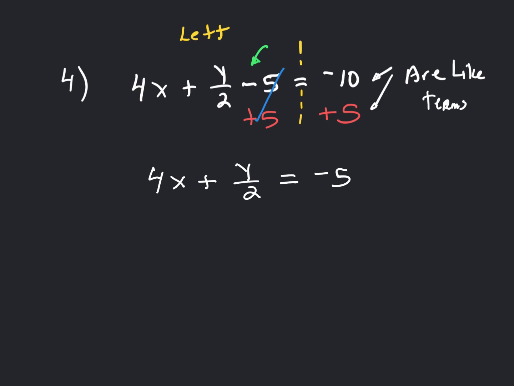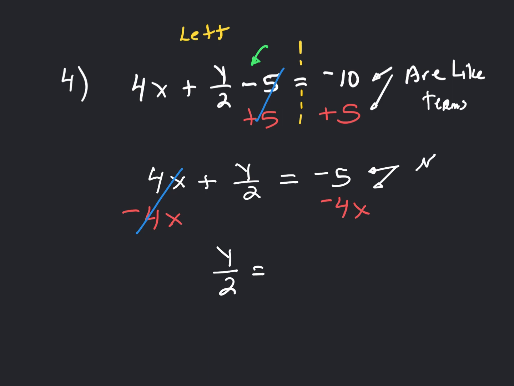So now we want to remove the x's by subtracting 4 x's. And whatever we do to one side, we do to the other. A positive 4x and a negative 4x zero out the x's and leaves me with just y divided by 2. And these are not like terms because one term has a variable and the other term does not.